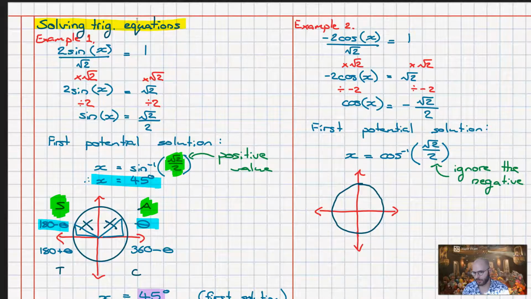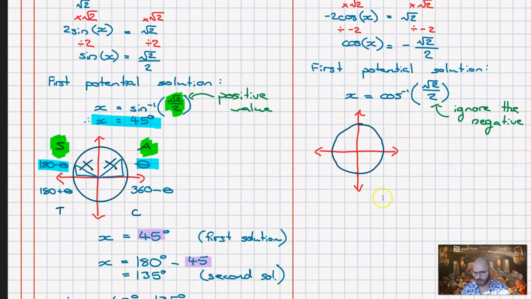However, if we force the inverse cosine of this positive value over here, we're always going to get the equivalent angle inside the first quadrant of the unit circle. So the first solution that we're going to get is somewhere over here, and it's going to come out to be 45 degrees like so.